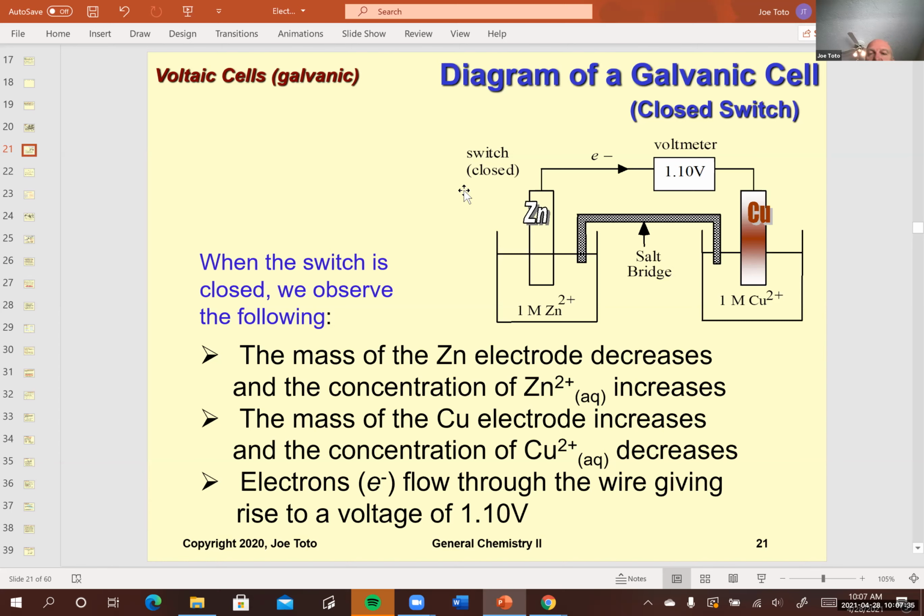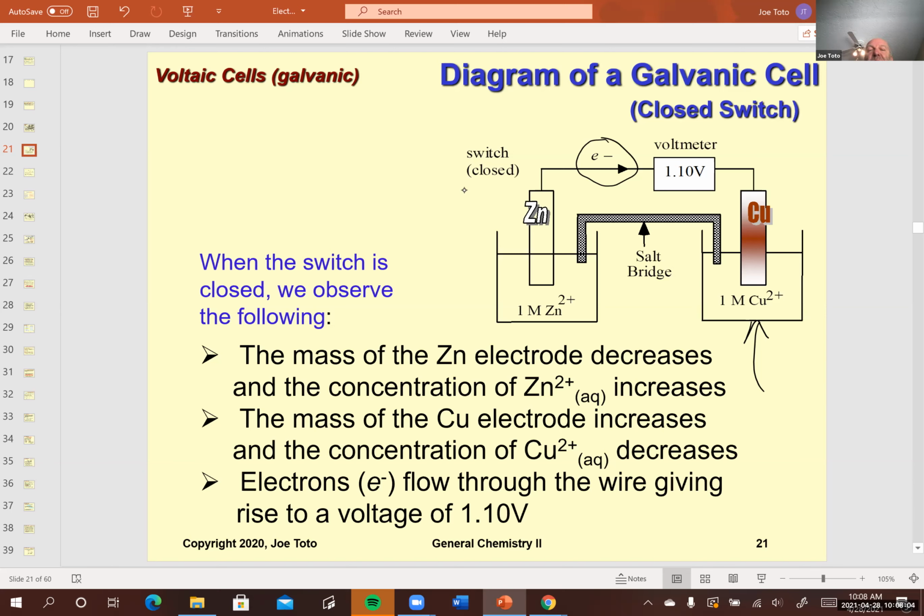We see that the electrons are flowing from the zinc to the copper half cell. So this cell over here is gaining negative charge, so it's going to have a negative charge buildup. And you know, like charges repel, so electrons are going to repel and they're going to stop flowing pretty quickly.